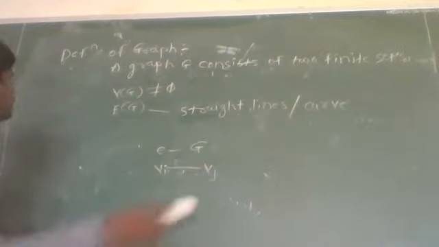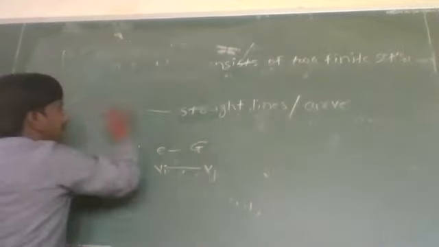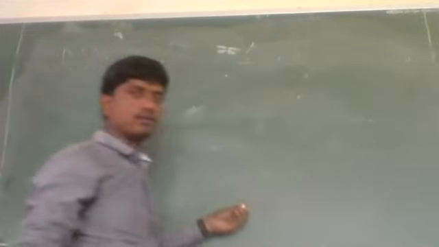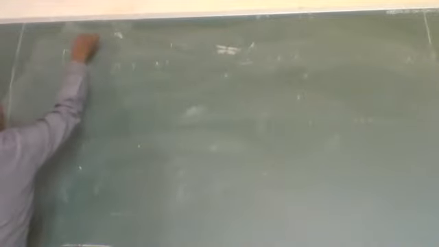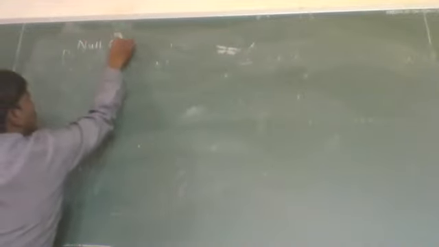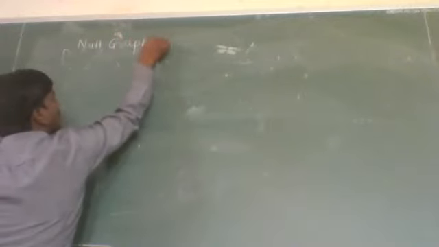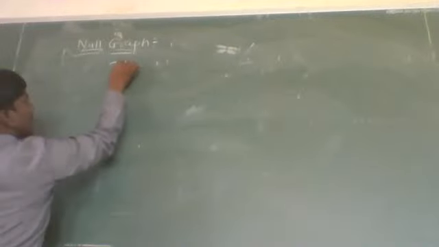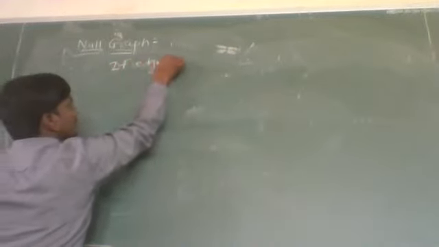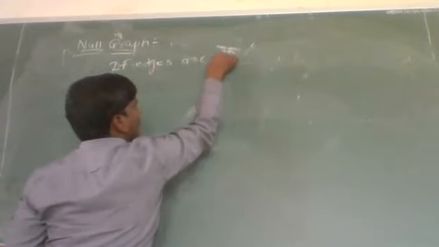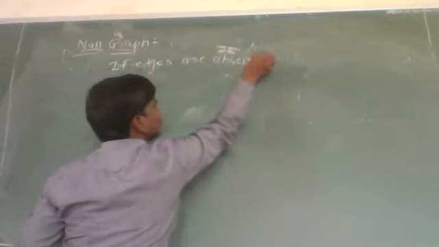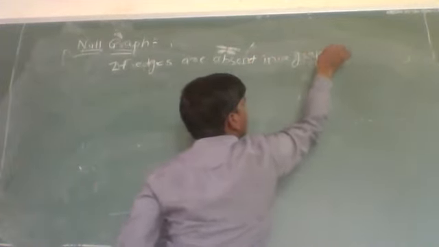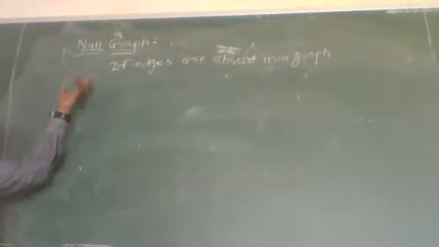Now, what is a null graph? If edges are absent in a graph, then the graph is called a null graph.